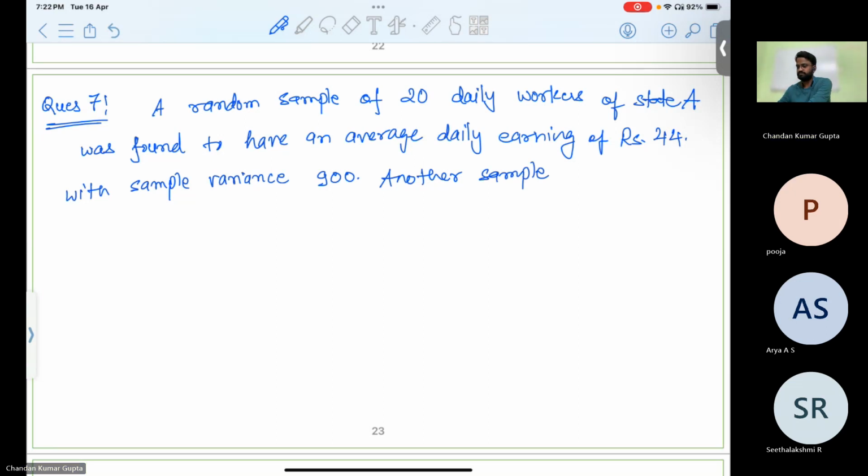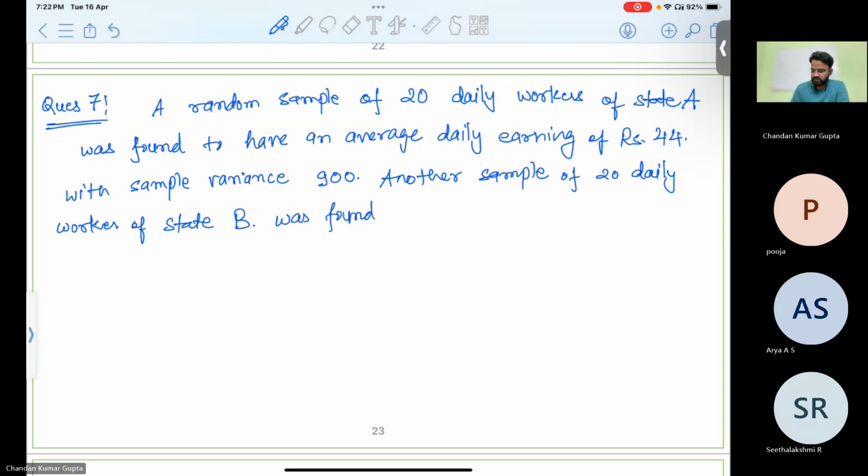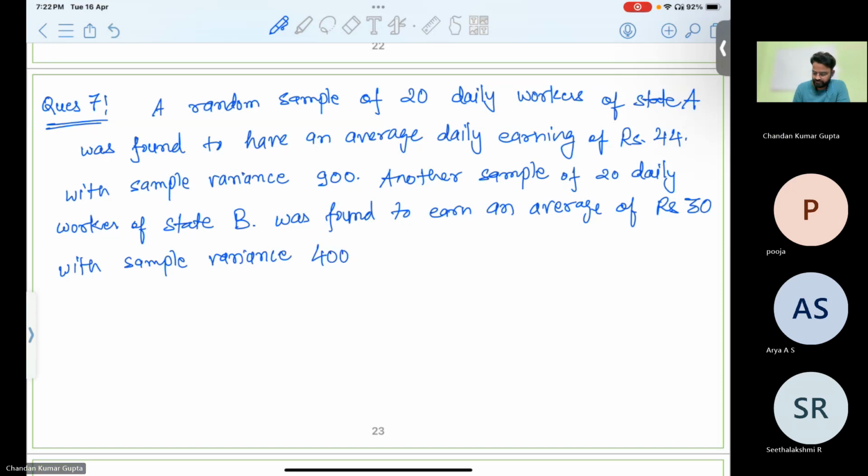Another sample of 20 daily workers of state B was found to earn an average of rupees 30 per day with sample variance 400.